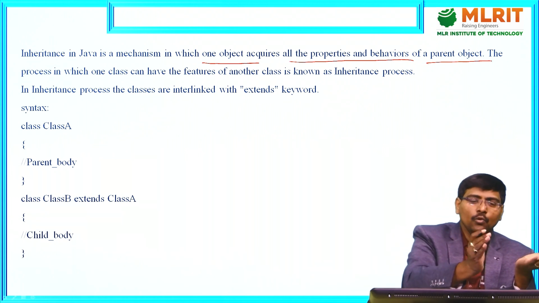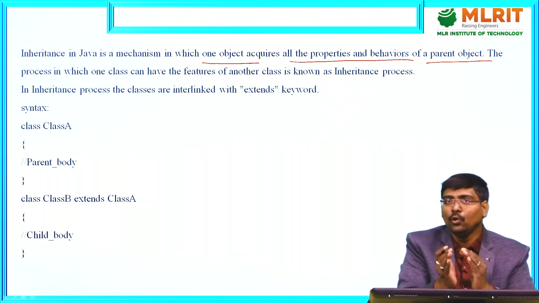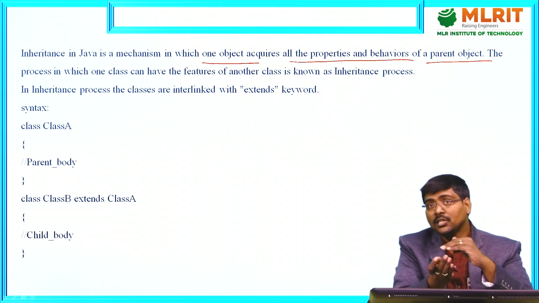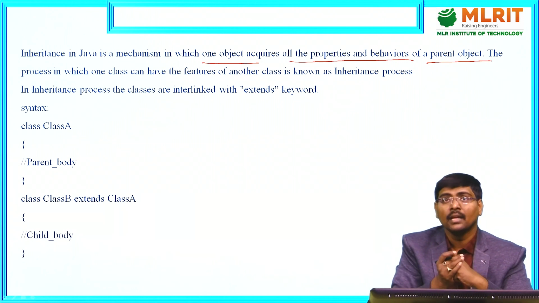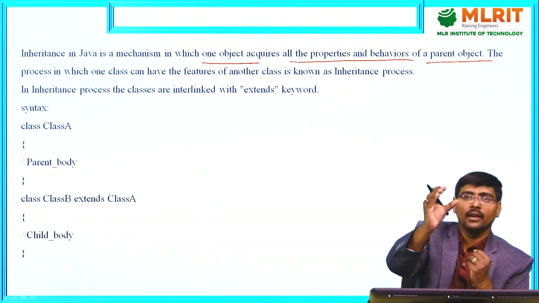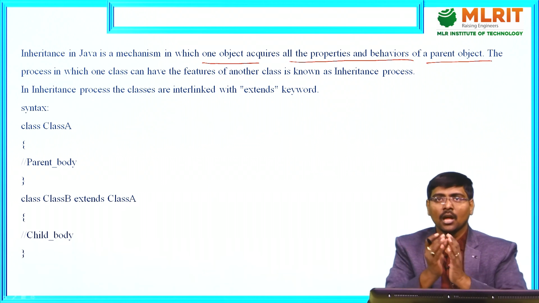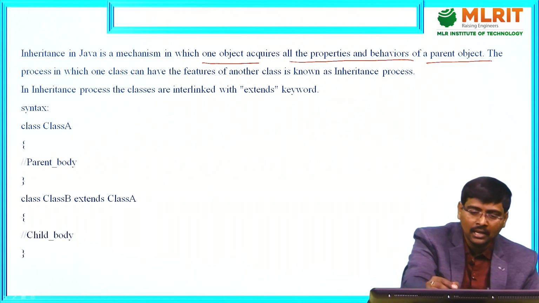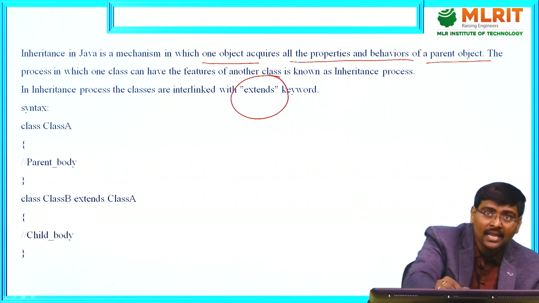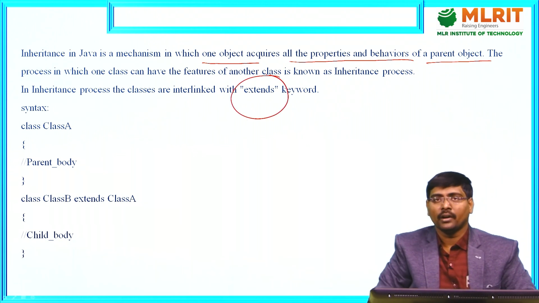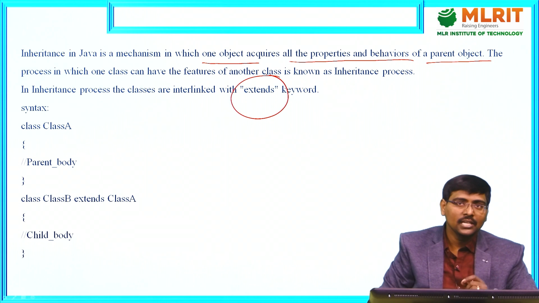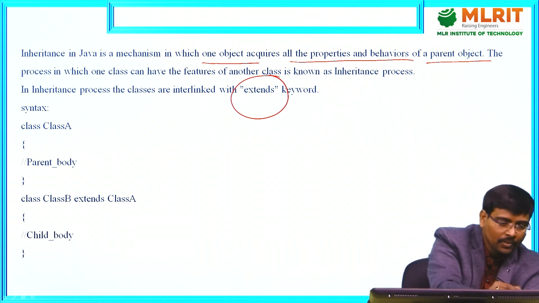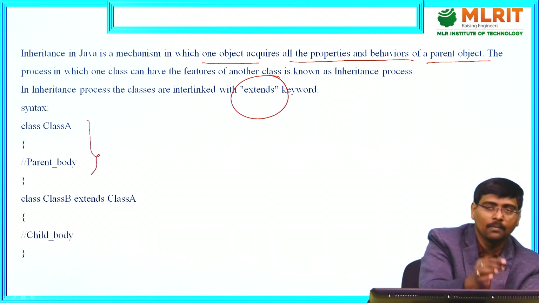Now in your programming, how do we make the relationship between the classes? This is the parent class, this is the child class. How do we make the relation? By using the extends keyword.